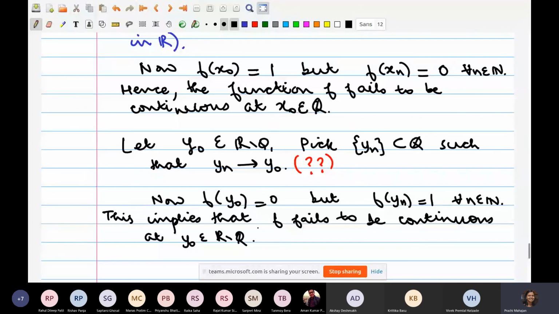Conclusion: f fails to be continuous at each point of its domain. Is everybody with me?